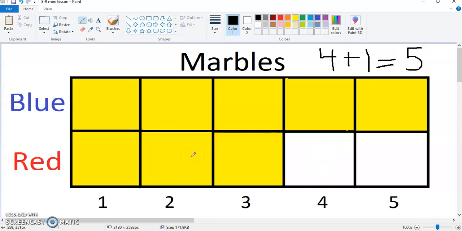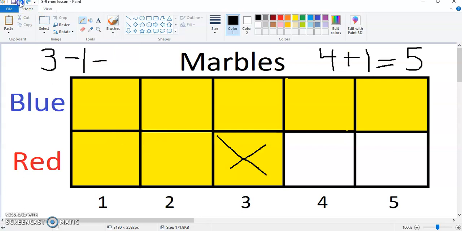Same thing if we were to go down here. If we started with 3 red ones and we took 1 away, our number sentence would be 3 take away, minus, 1 equals 2 left over. Here they are, 1, 2.